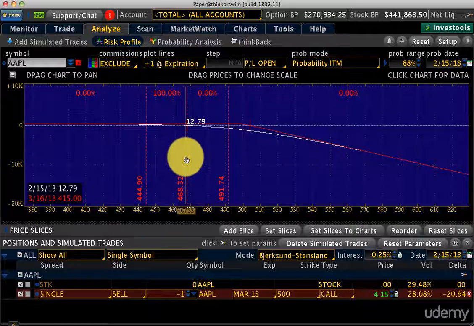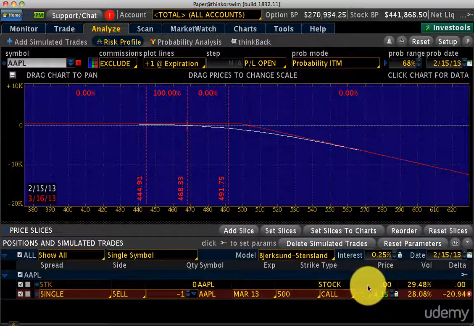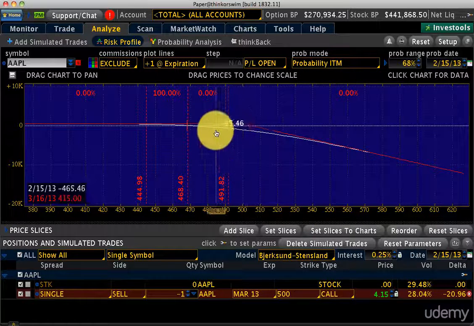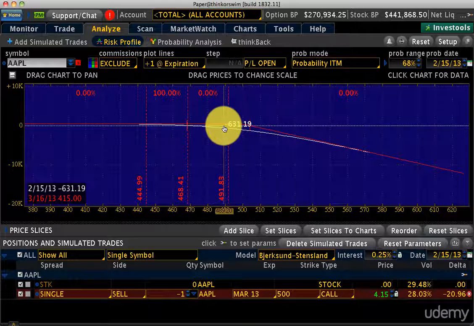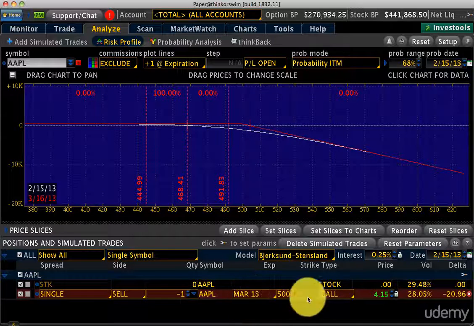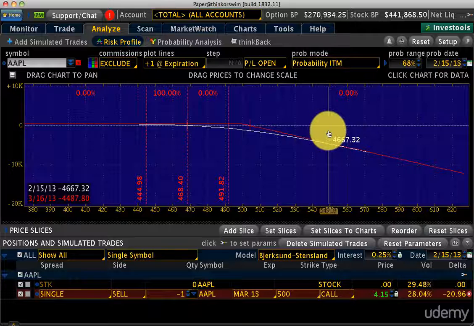So let's say Apple in the next 28 days went up to 490 and it expired at 490. You get to keep the $4.15 because this option is going to expire out of the money. And then the following month, because Apple is already at 490, in the April series what you would do is move your call position to perhaps 530 or 540 or 550.